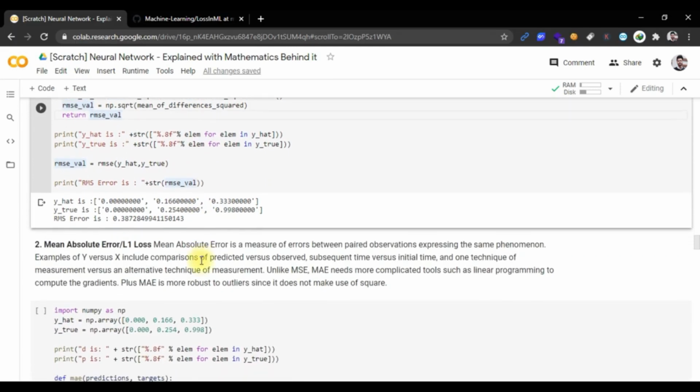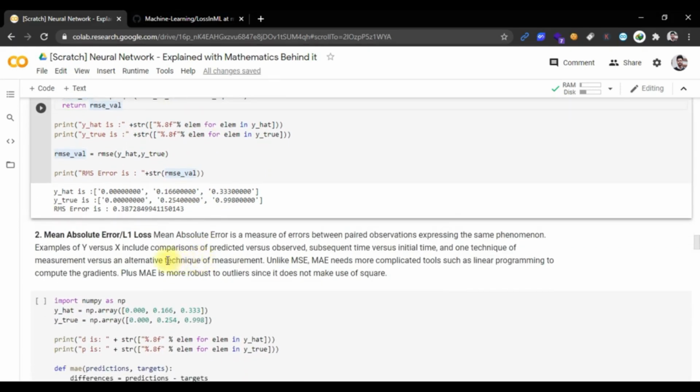So our next function is mean absolute error or the L1 loss. Mean absolute error is just between paired observations. Like if we have two variables x and y, we can compare those x and y on the basis of their results, on the basis of their times, on the basis of the techniques that we use to calculate both the outputs, or anything like that.